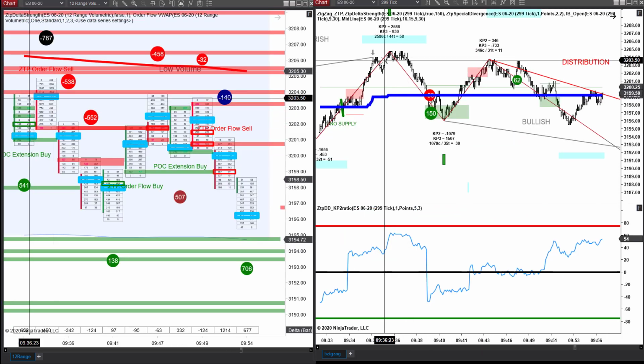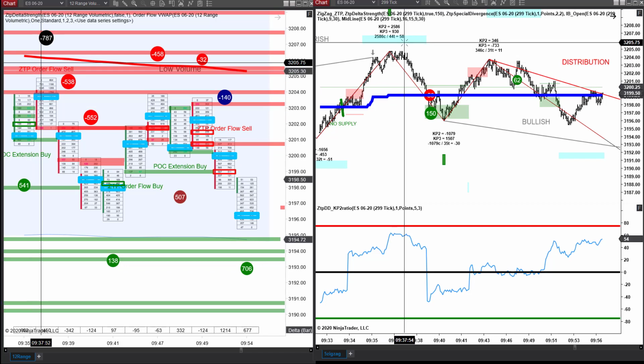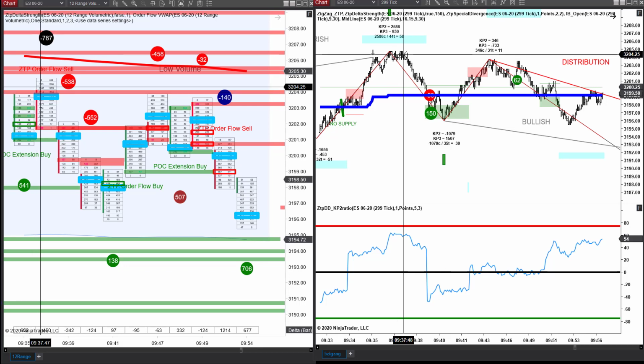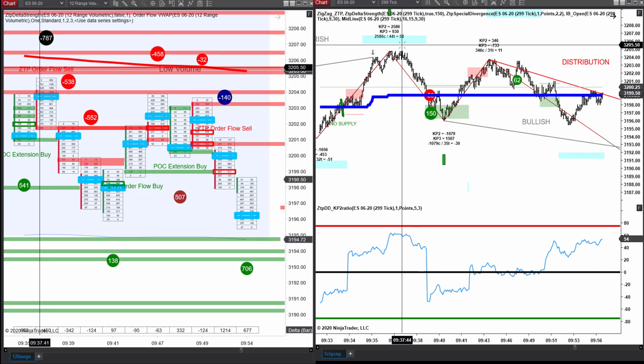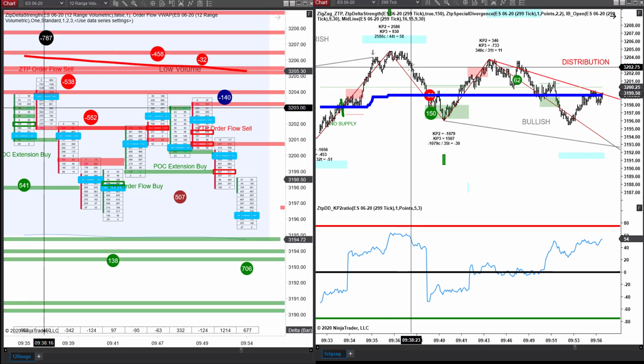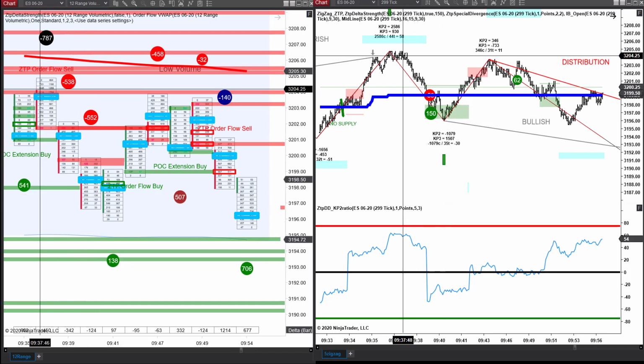Now, the whole idea about the ratio is that when the ratio is higher, and this time it's only a 58 and not considered necessarily to be a distribution, what we want to know is when we have the signal but we don't have a higher ratio, do we statistically get less of a response?